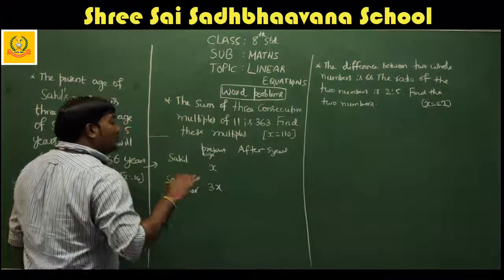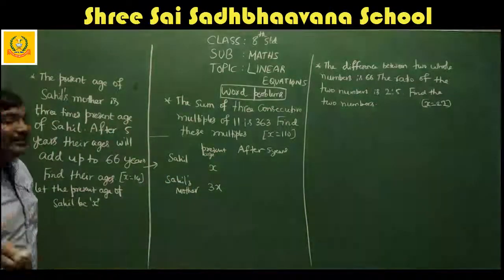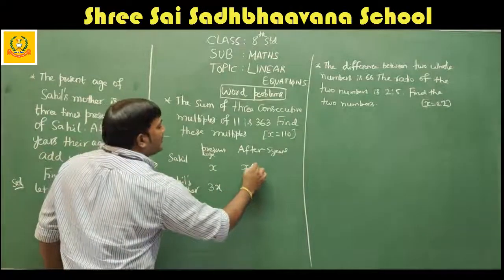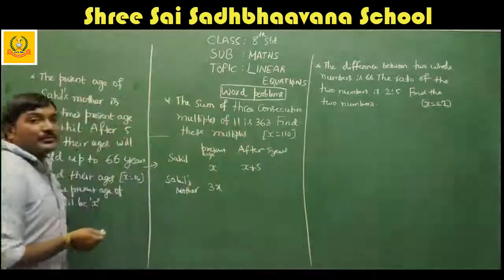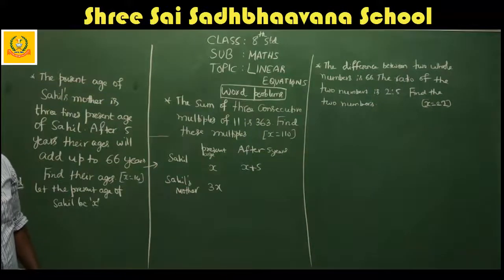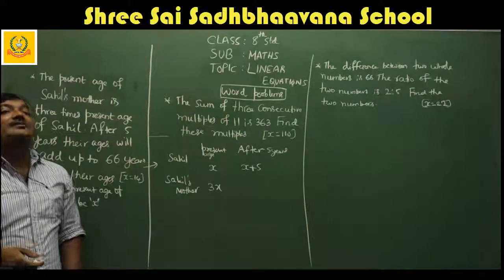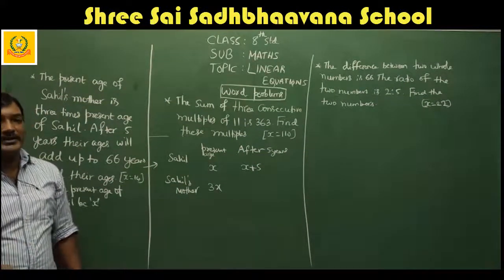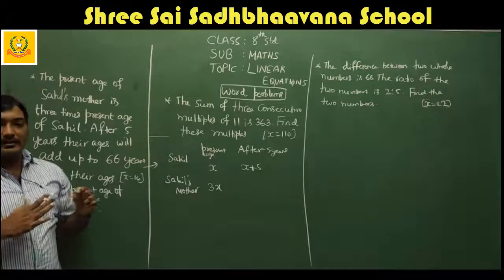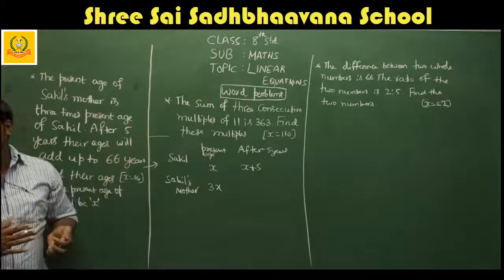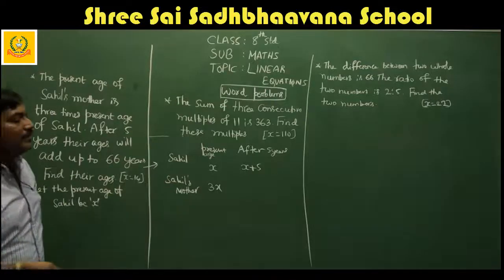Now, after 5 years, what happens to Sahil's age? Sahil's age will be added with 5, correct? Now you are 13. After 5 years, your age will be 13 plus 5, which will be 18. So in general, I can write x and x plus 5 after 5 years.